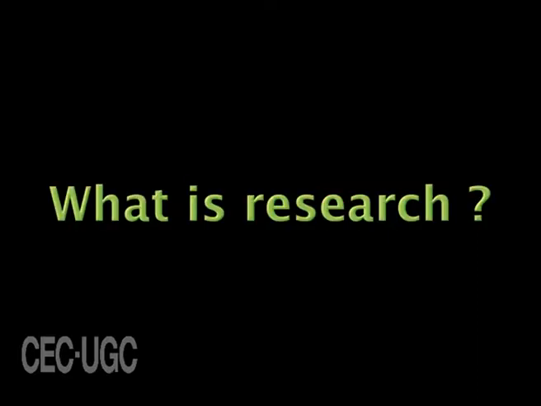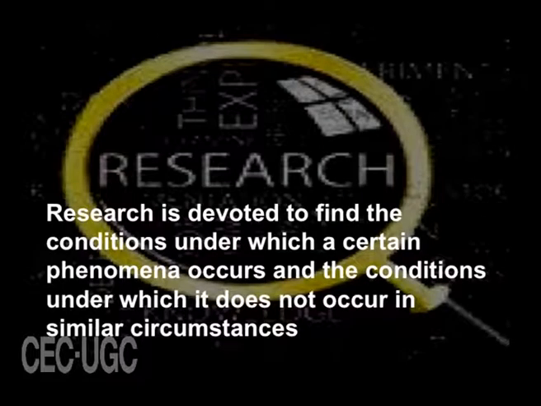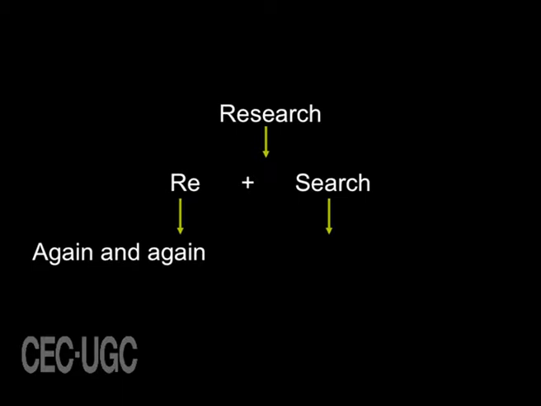Meaning of research. What is research? Research is devoted to finding the conditions under which a certain phenomenon occurs and the conditions under which it does not occur in similar circumstances. The term research is composed of two syllables, re plus search. Re means again and again and search means to find out something new.